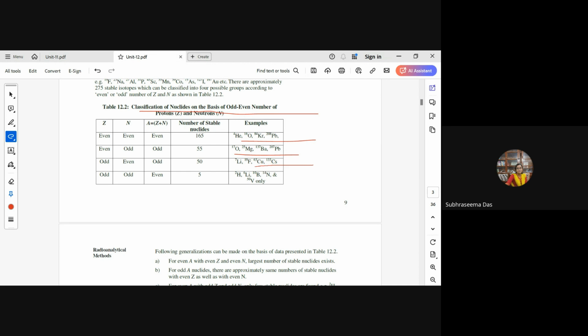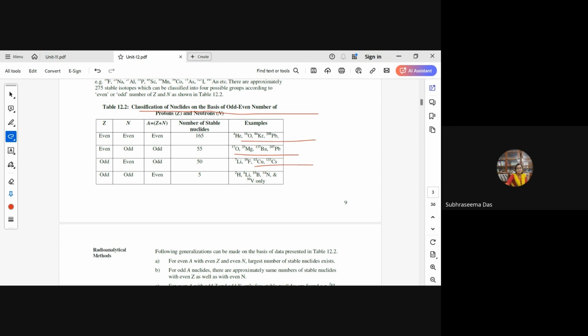Such examples include lithium-7, fluorine-19, copper-63, etc. However, when Z is odd and N is odd, then A comes out to be even. The examples include 5 cases like 2H, 6Li, 10B, 14N, and 50B.